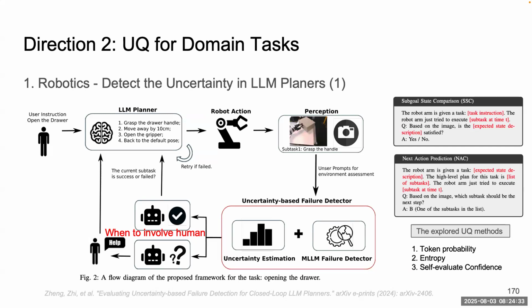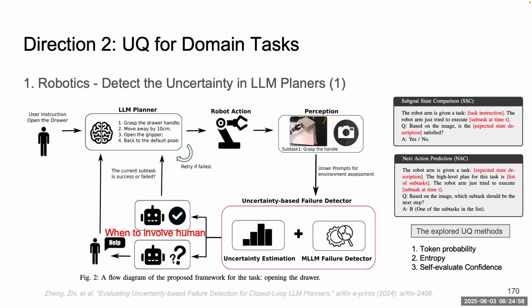After executing each sub-goal, there is a failure detector to decide whether there's a failure on the sub-goal. Traditionally, they were just evaluated based on the final execution, on whether they successfully opened the drawer or not.